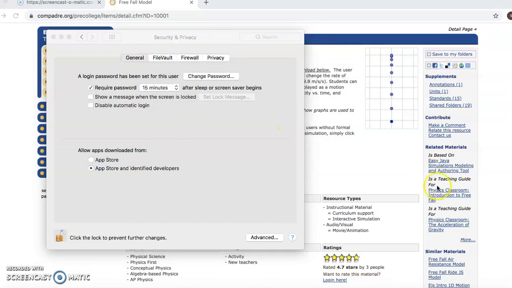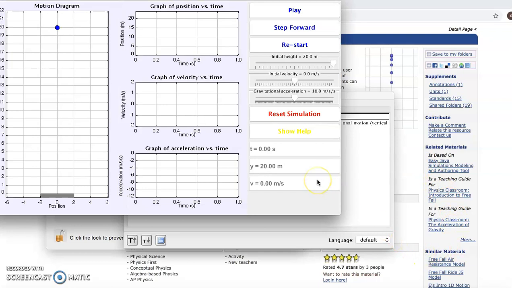And here, you see the program open. But if you don't do this unlock in the privacy settings and open anyway, these two steps will not allow you to open your software.